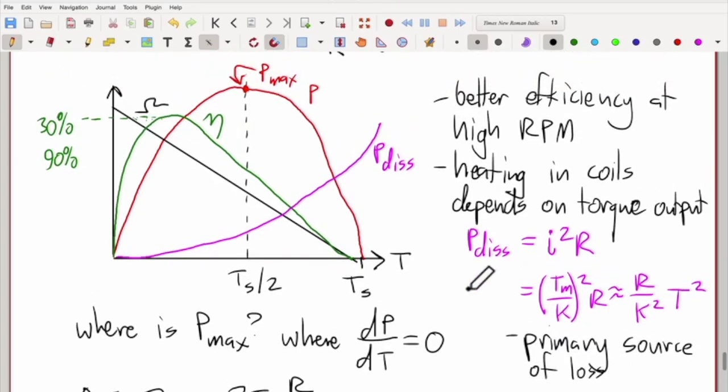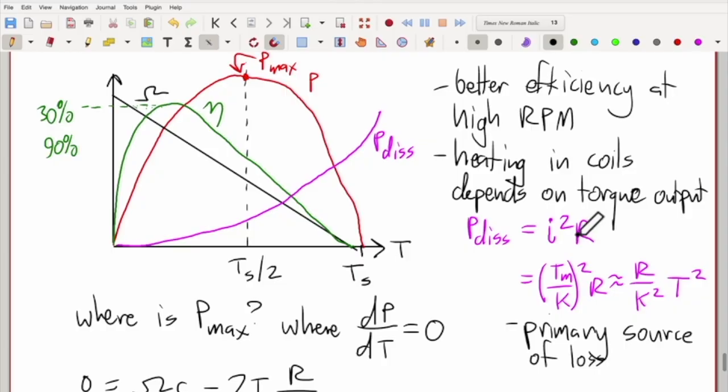And this is the reason why this efficiency curve looks not so good over here, because this dissipation is getting worse and worse.